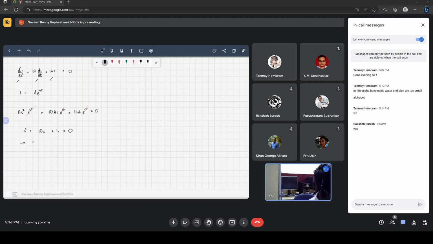This means that s is equal to minus b plus or minus... So we have s1 is equal to minus 2 and s2 is equal to minus 8.